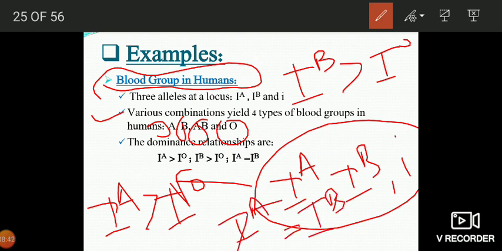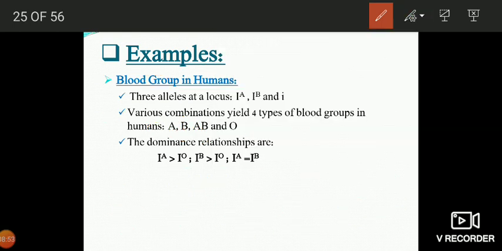So here you can see the gene that determines the blood group in humans is being represented by 3 alleles. One is IA, second is IB, and third is I. Remember that these all 3 alleles are not present in a single individual. Instead, you will find these alleles in a population.